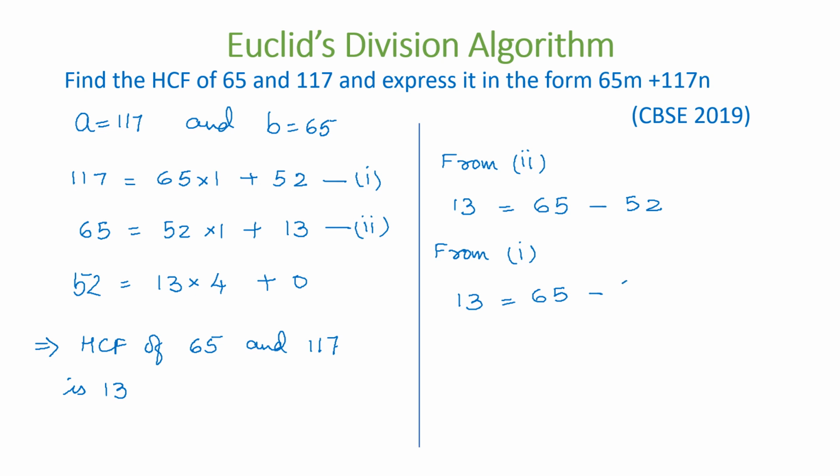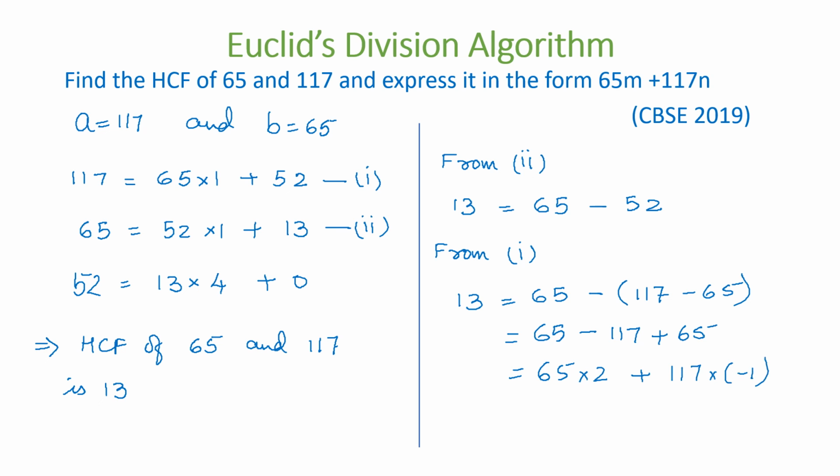So I'll write this as 65 minus (117 minus 65). When I simplify this, this will become 65 minus 117 plus 65. So this will become 65 into 2 plus 117 into minus 1. So I have managed to express the HCF as 65 into 2 plus 117 into minus 1, and therefore my m is equal to 2 and n is equal to minus 1.